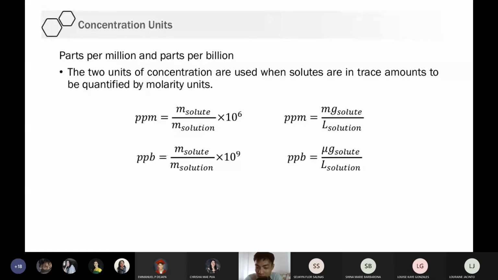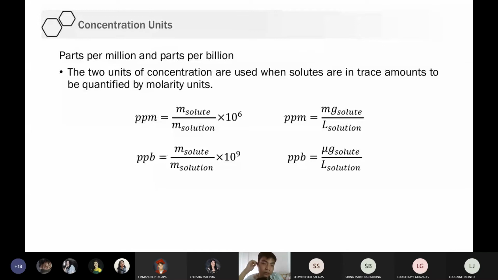So, pwedeng 0.000 something. Okay? Maraming zero before you arrive with the first non-zero digit. That's why, for very, very tiny amounts of your solute, we instead use ppm and ppb rather than molarity.